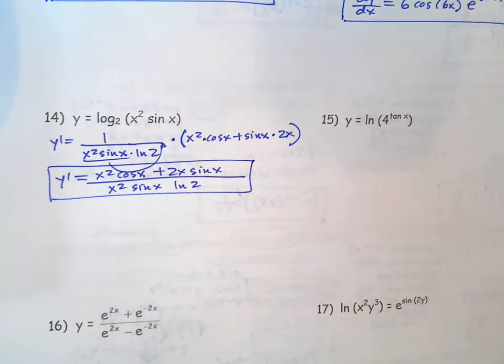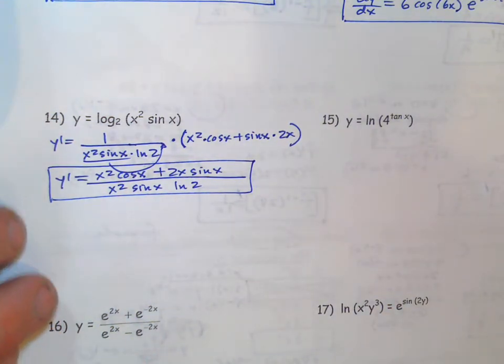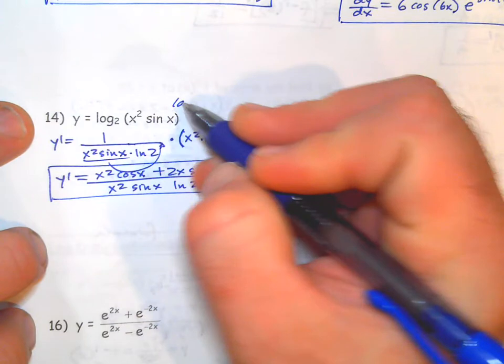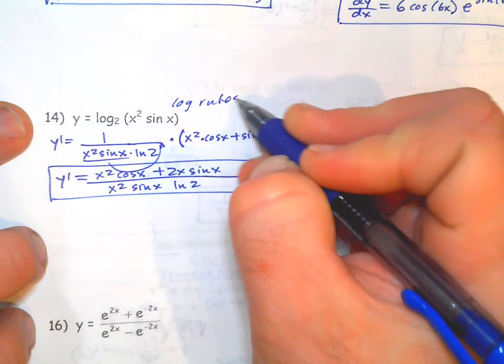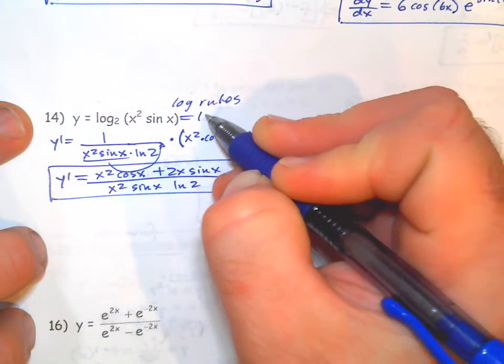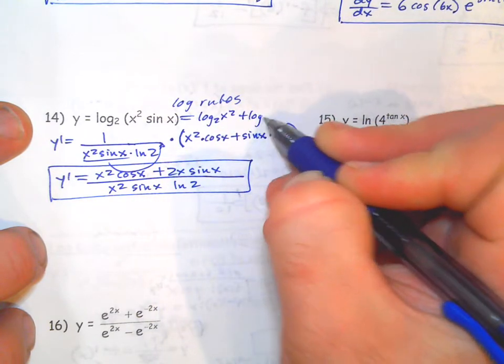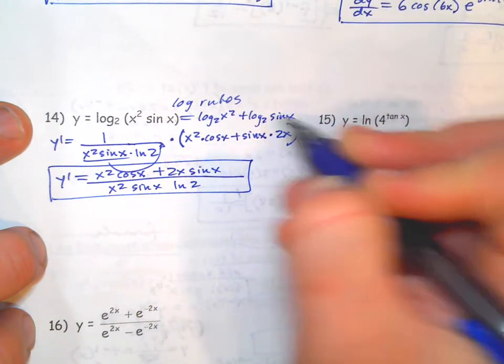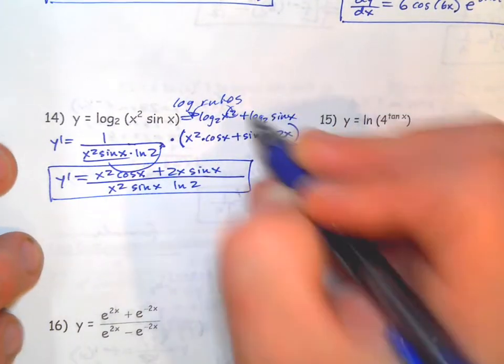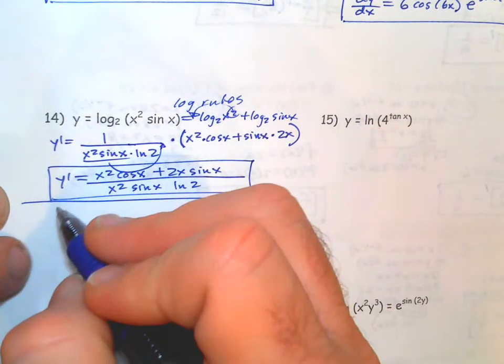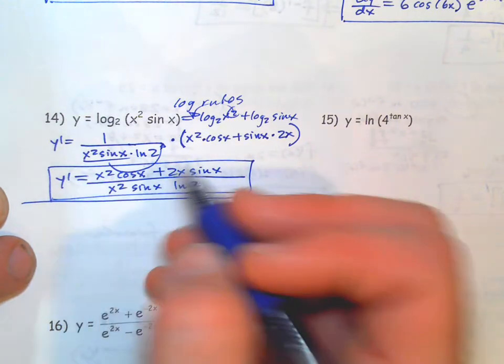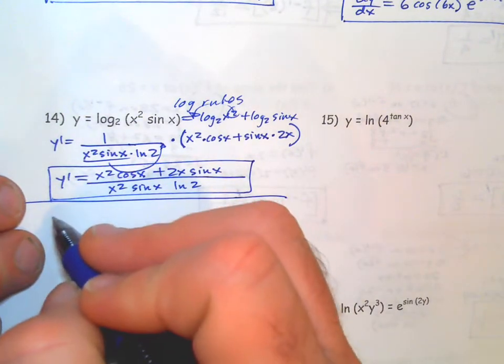But you could also use log rules to make this easier, right? Log rules, you split it up. This could be log base 2 of x squared plus log base 2 of sine x. You move the 2 out in front, and then we take the derivative of that. It avoids the product rule, avoids some of the chain rule stuff.